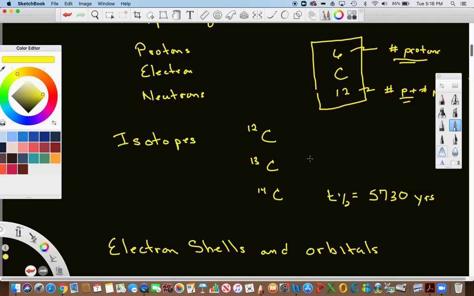There's also carbon-13, a little less than 1%. And the remainder is carbon-14. And all these have 6 protons, 6 electrons. The difference is carbon-12 has 6 neutrons, carbon-13 has 7 neutrons, and carbon-14 has 8 neutrons.